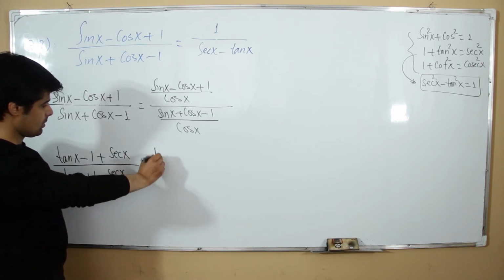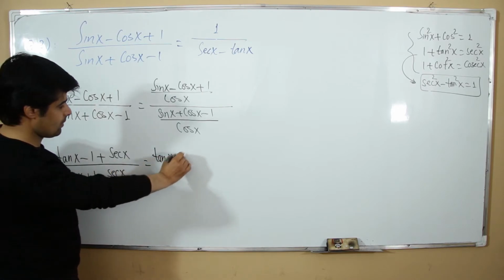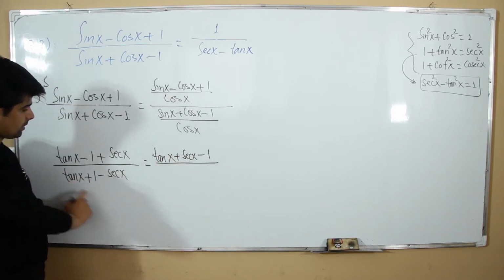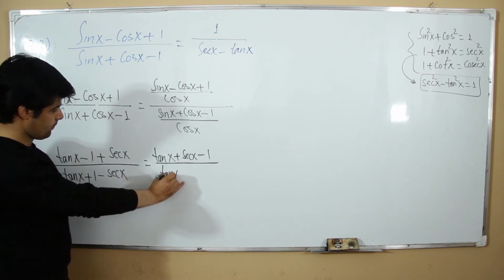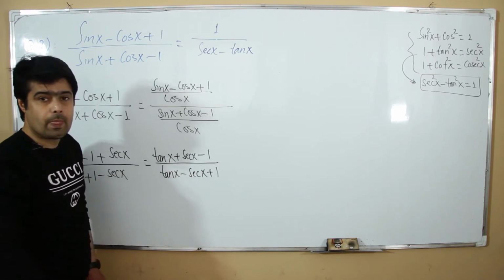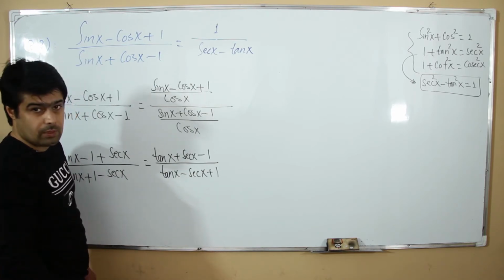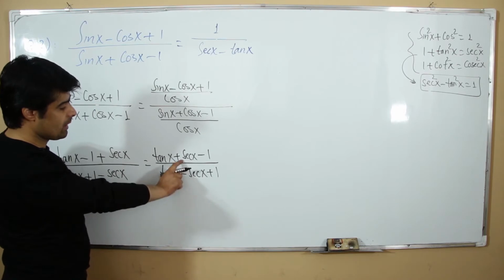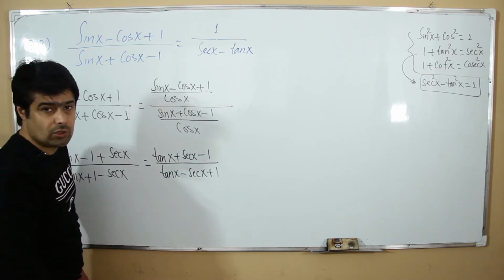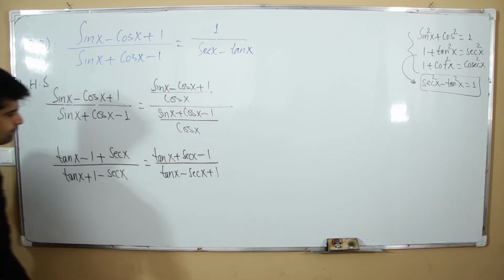First, let me rearrange this one. We have tangent x plus secant x minus 1 divided by tangent x minus secant x plus 1. Now I want to multiply numerator and denominator with secant minus tangent, or tangent minus secant, same.